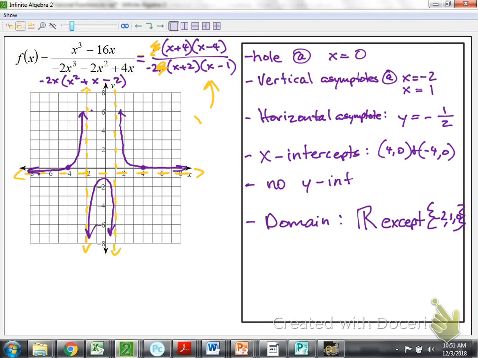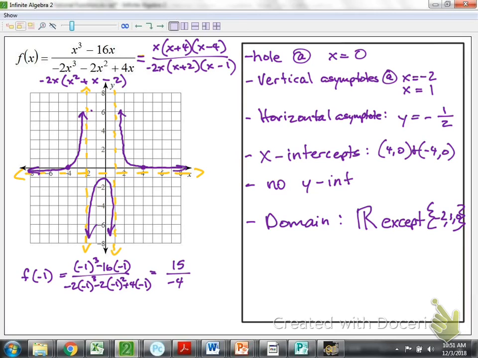right? But you could take your original function also and just take, we want to find f of -1. F of -1 is -1 cubed minus 16 times -1 over -2 times -1 cubed, running out of time, minus 2 times -1 squared, plus 4 times -1, and y'all can take my word for it because I've already done this.